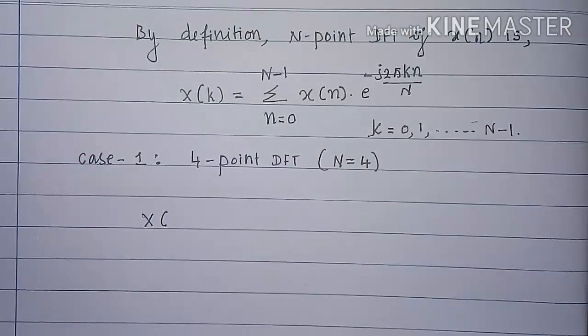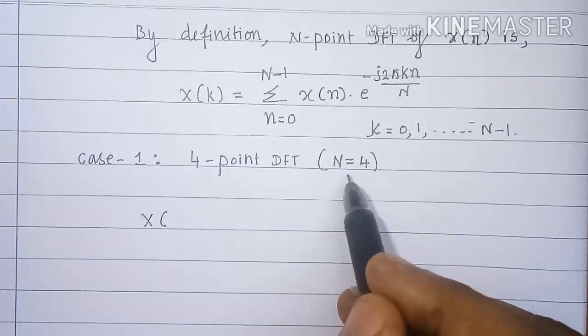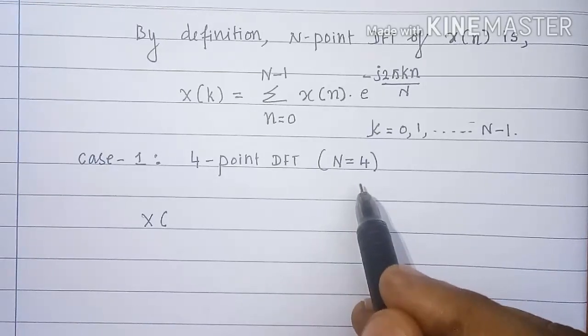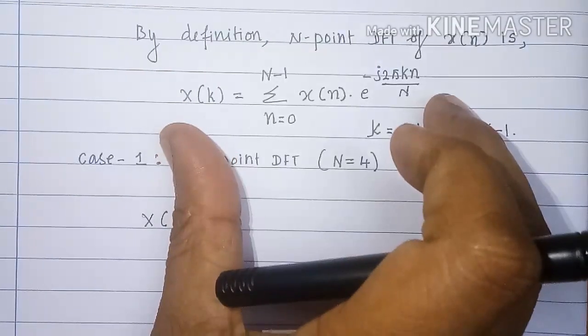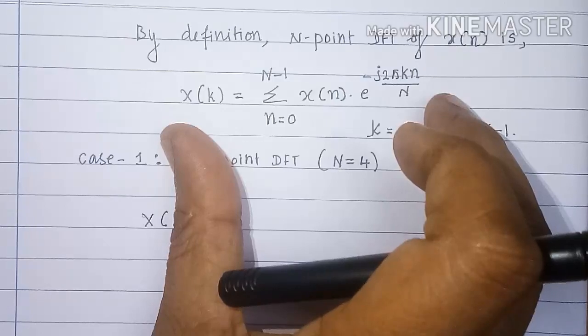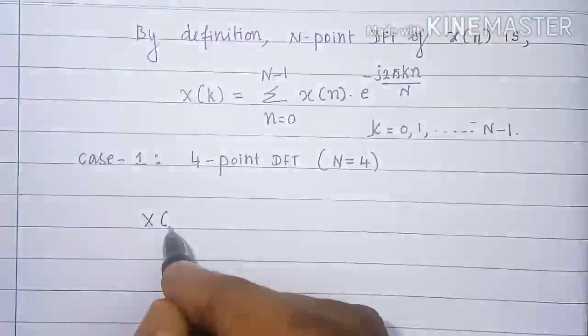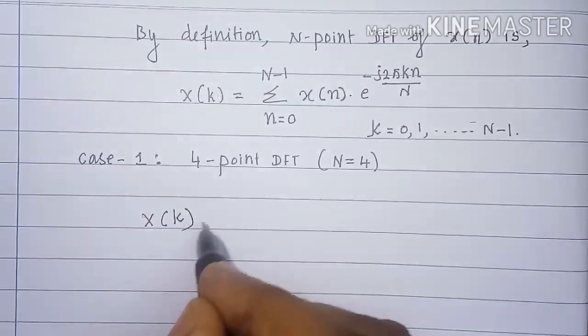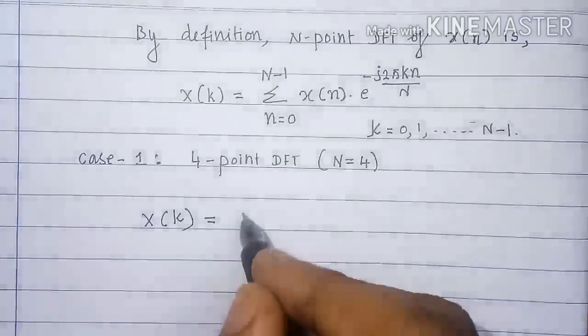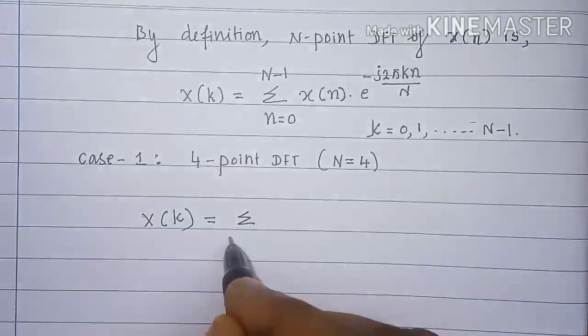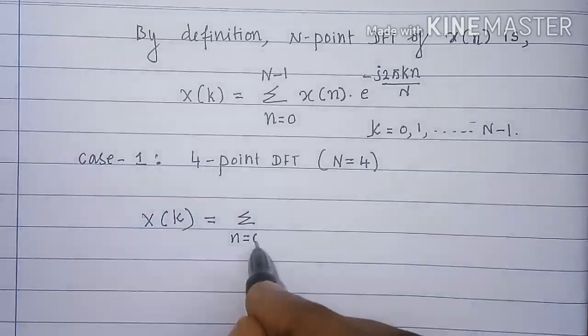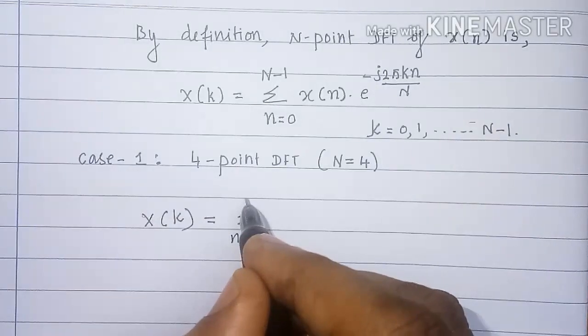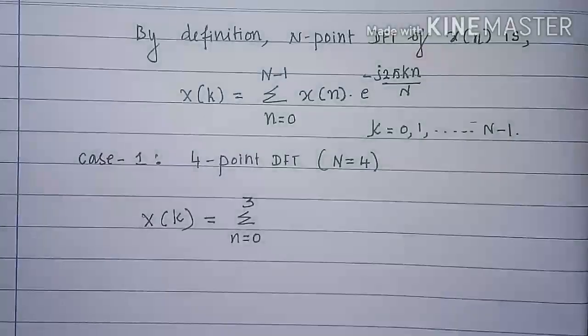In case 1, we have to find 4-point DFT. Therefore, capital N will be equal to 4. Now we will write this expression for capital N equal to 4. So X of k equal to summation n equal to 0 to 3.